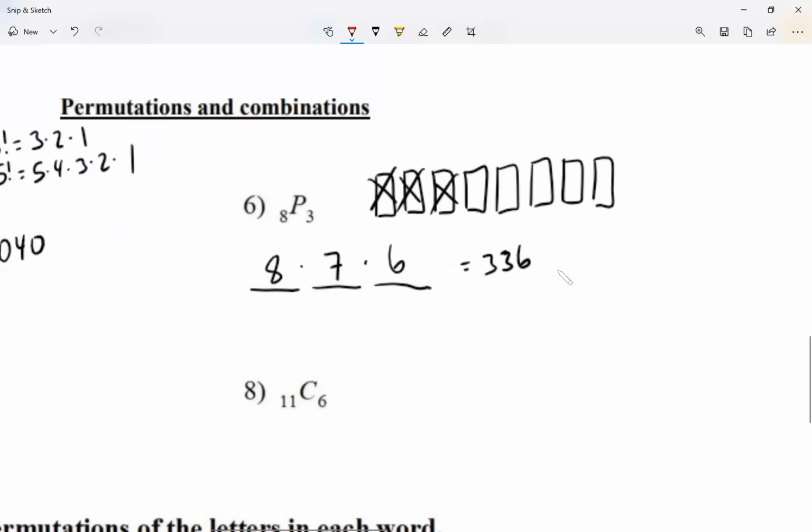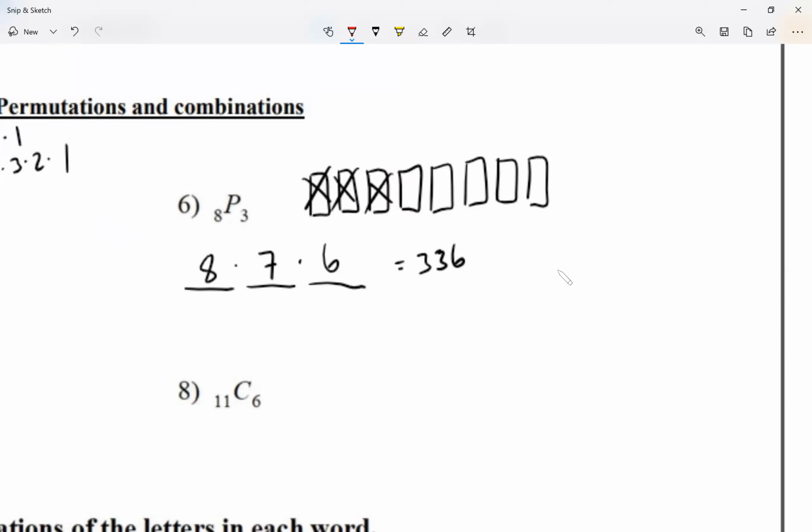And there you see your answer, 5,040. Now, you guys are like, well, could I have done the same here in number 6? Yes. You could have gone: choose the first number, 8 factorial, over, then you subtract the 2 numbers, 8 minus 3, is 5 factorial.